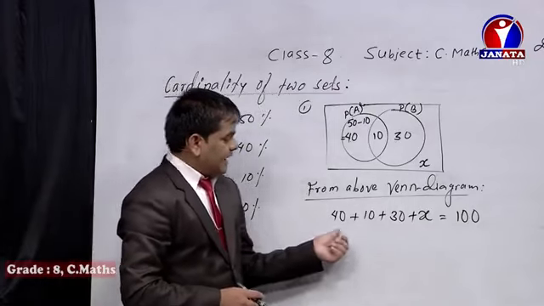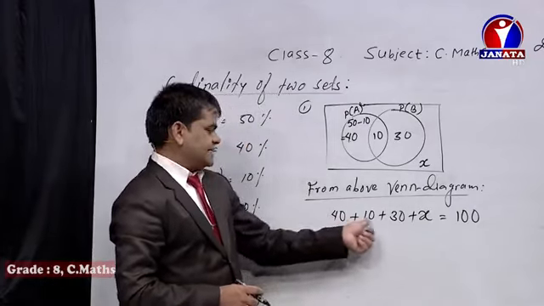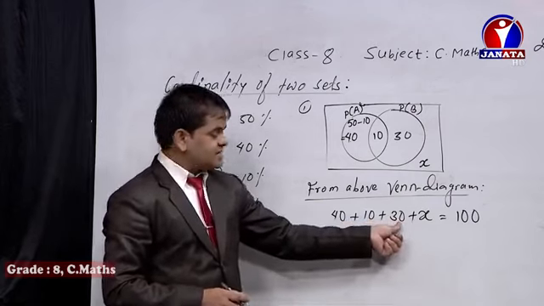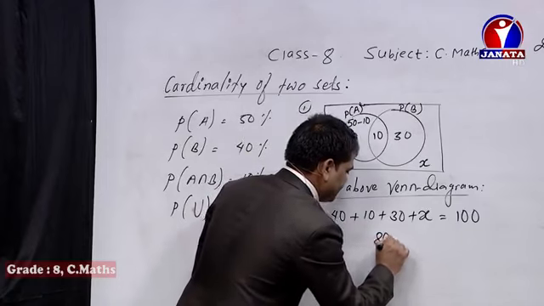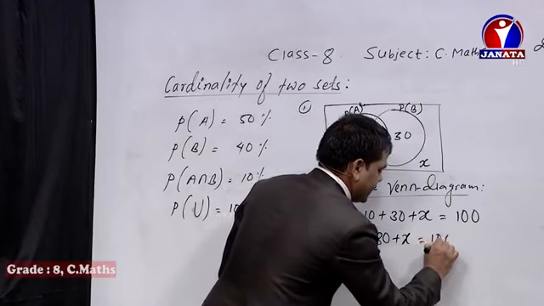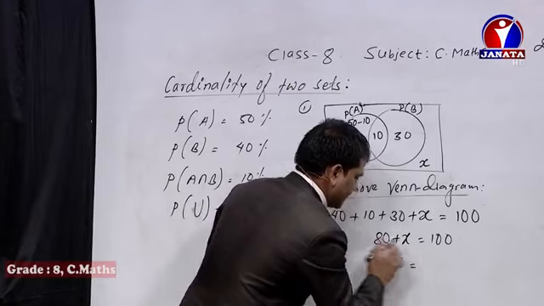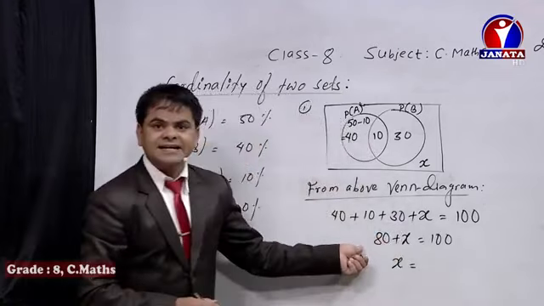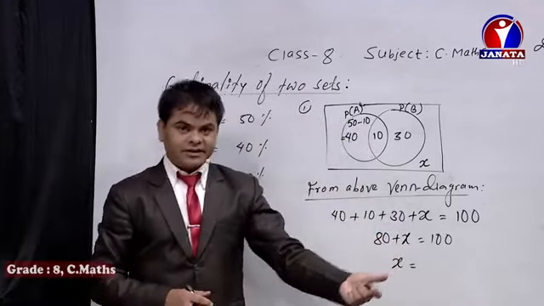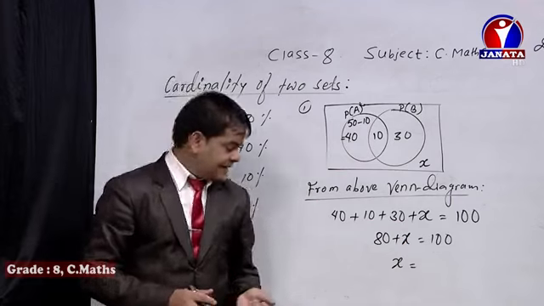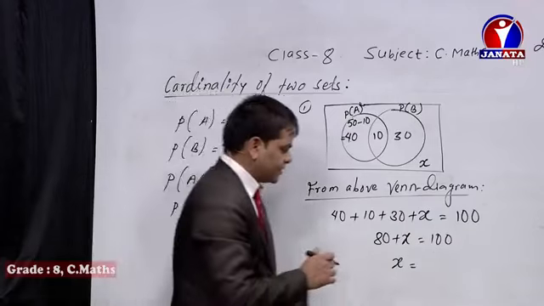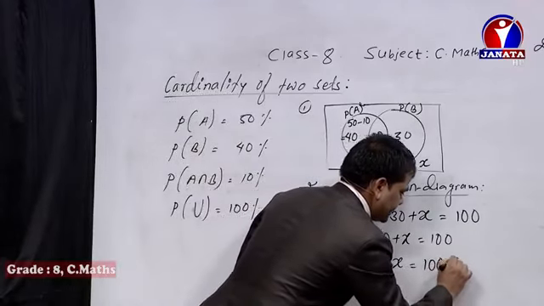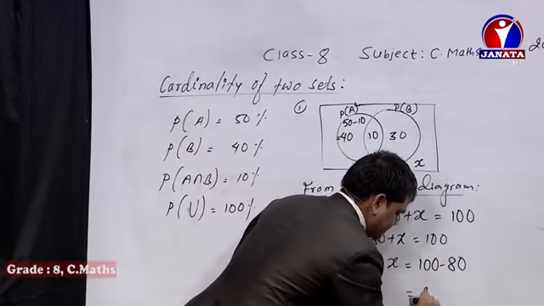Now, dear students, if you solve this one, 40, 10, 50, 50 plus 30, 80, 80, going that side, it will be 80 plus x in the second step, and in the third step x equals 100 minus 80, as it is plus on this side, while carrying it to the right hand side from the left hand side it will be negative, because it is positive on this side. So 100 minus 80 represents 20.